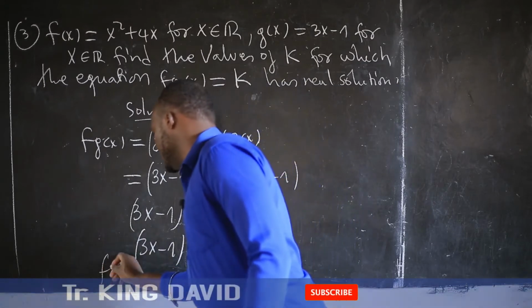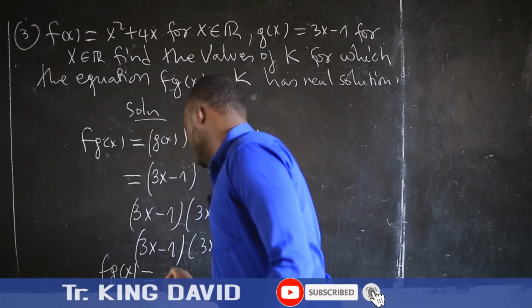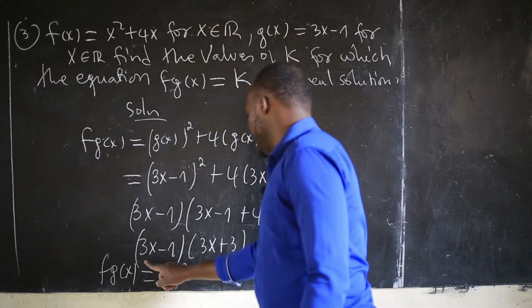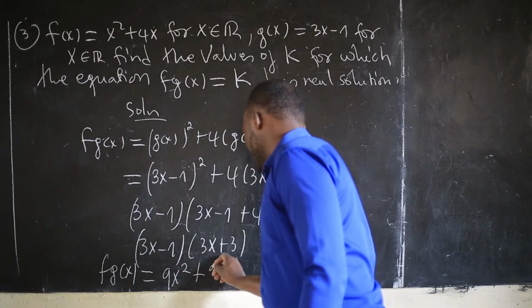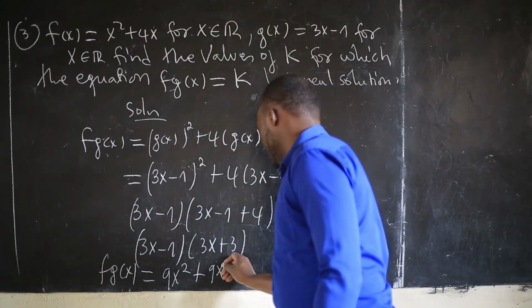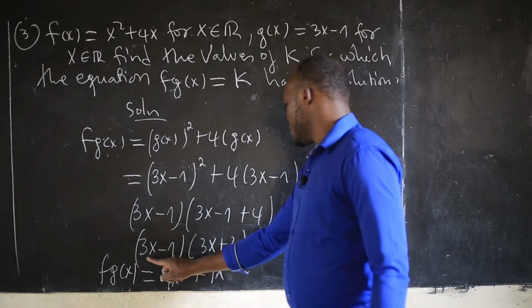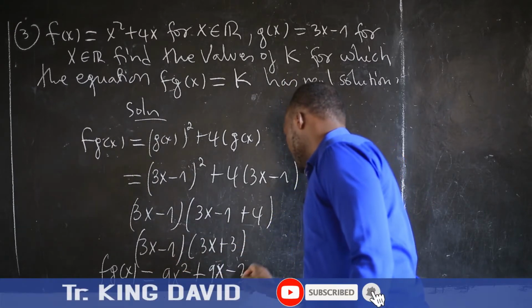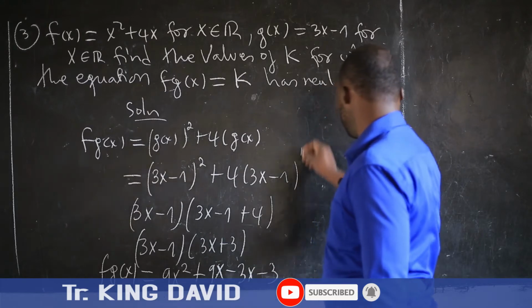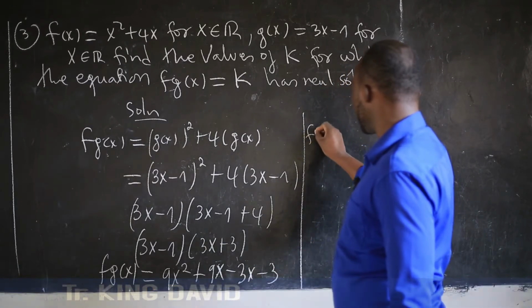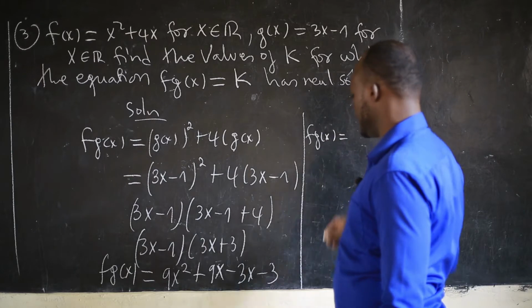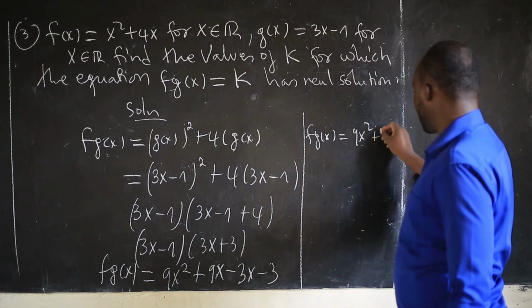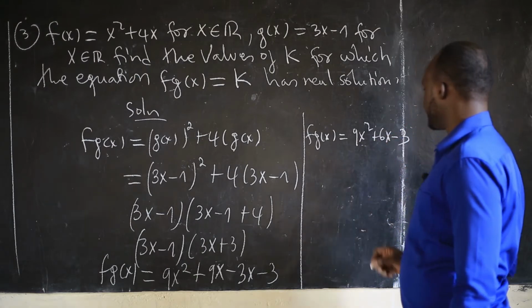So f of g of x equal to 3x times 3x, that is 9x squared; 3x times 3, that is 9x; negative 1 times 3x, that is negative 3x; and minus 3. So f of g of x equal to 9x squared plus 6x minus 3.